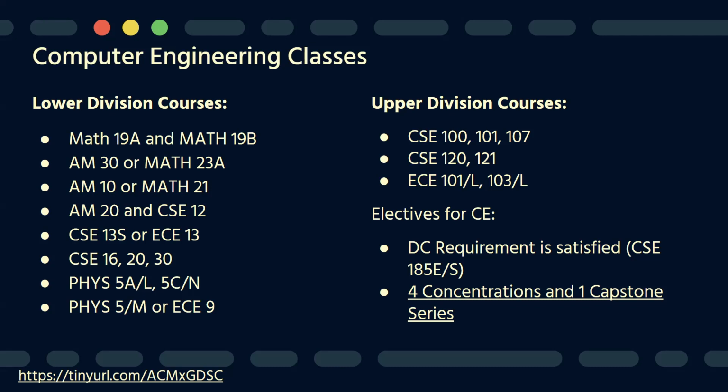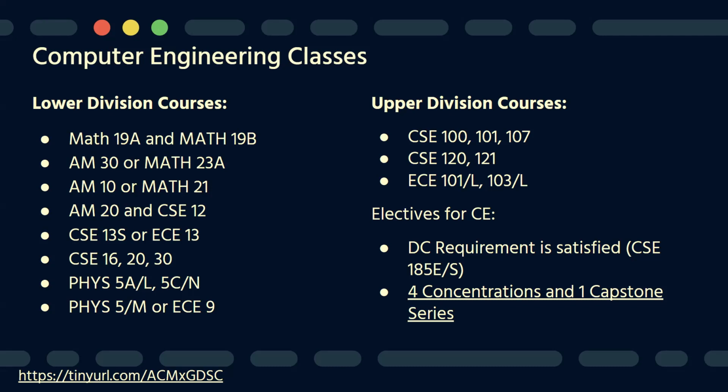For the upper division courses, you can see some familiar courses in here. We have 101 Intro to Analysis and Algorithms, 120 Computer Architecture and whatnot. In addition, you'll have CSE 100, which is Introduction to Logic Design, and ECE 101 and 103, which are signals and systems and circuit building and stuff like that.